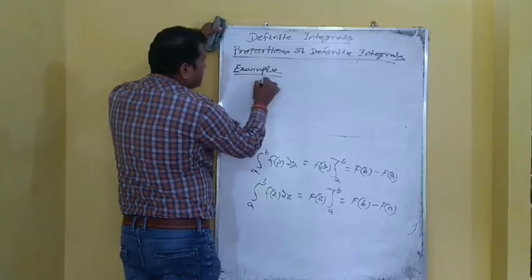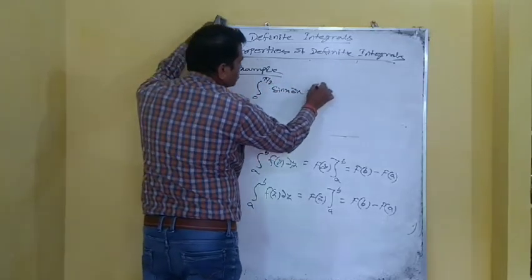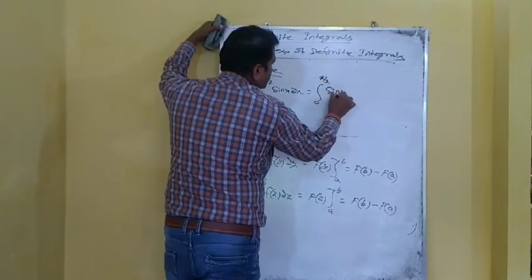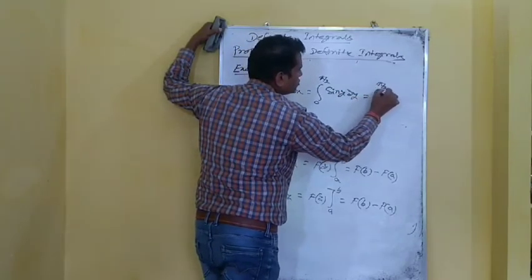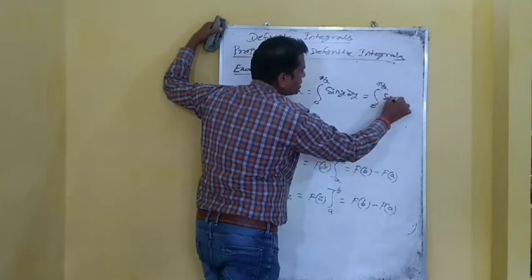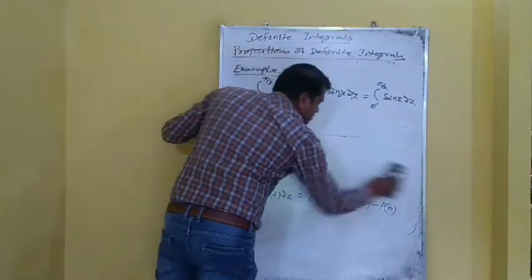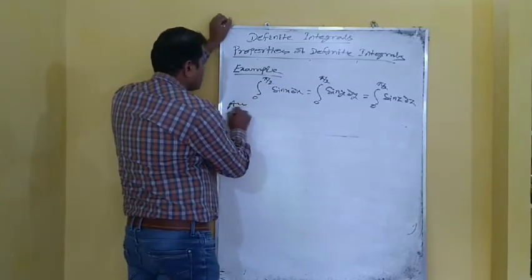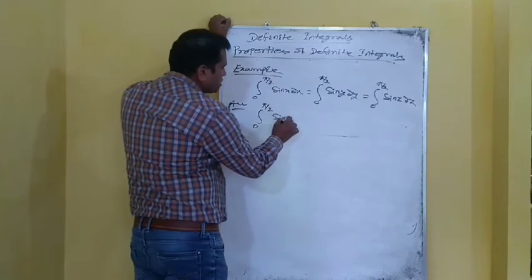The integral from 0 to pi by 2 of sin x dx equals the integral from 0 to pi by 2 of sin y dy, which equals the integral from 0 to pi by 2 of sin z dz. Now, the integral from 0 to pi by 2 of sin x dx.